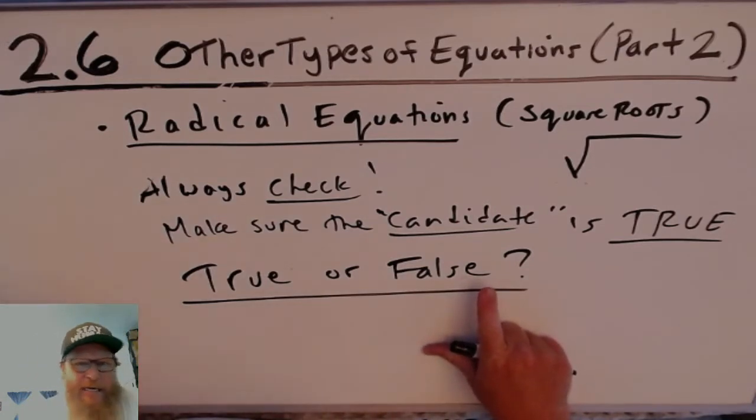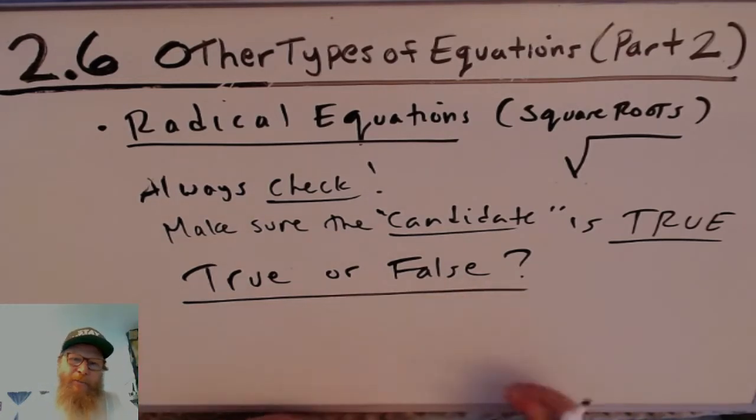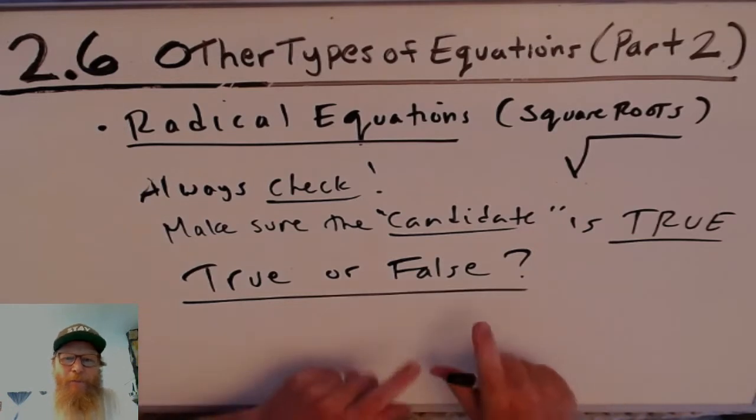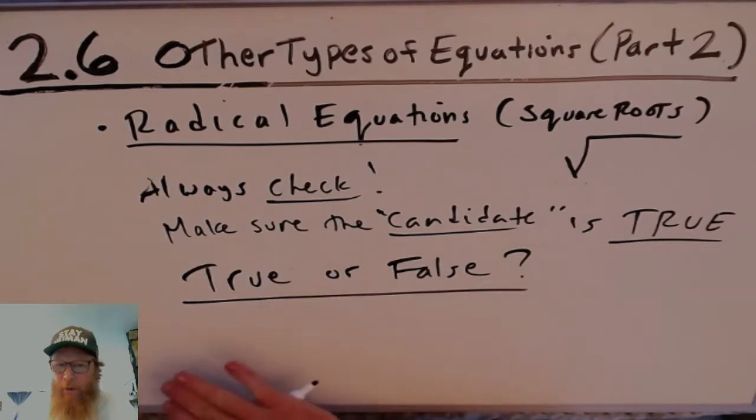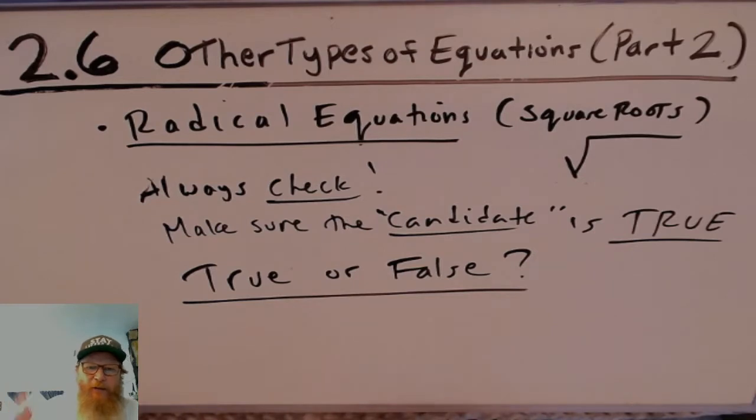That's the main thing that causes a rational equation to be false. With square roots, what you're looking for is something a little bit different. So let's look at an example.